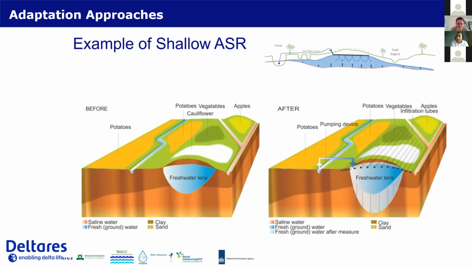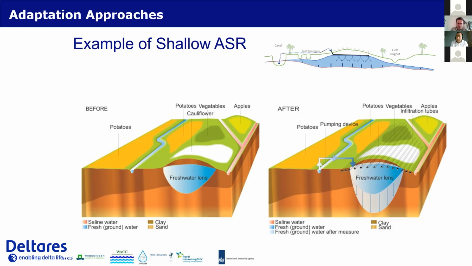Other examples at the farm level, because a lot of the delta is farms, is shallow aquifer storage and recovery. There's another pilot project going on that is storing water, creating a freshwater lens just below the land by pipelines during the wet season.